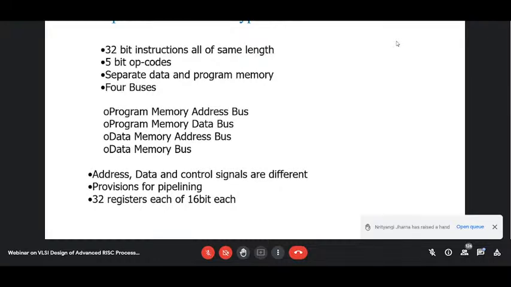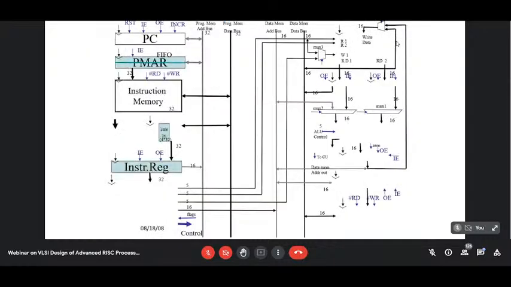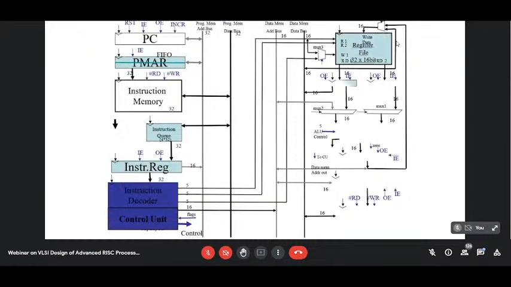Here some specs have been given to design 32-bit instructions of the same length. In fact, this is an architecture design which was done by one of my students in his BTech project when I was in Delhi and was with HFCL.